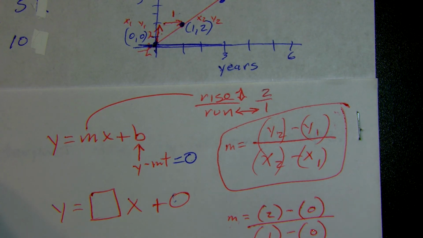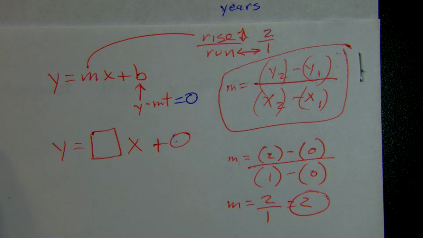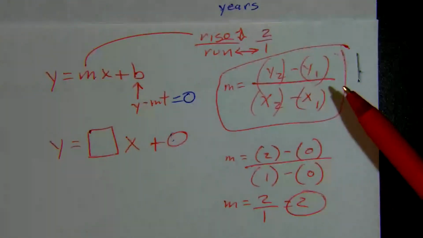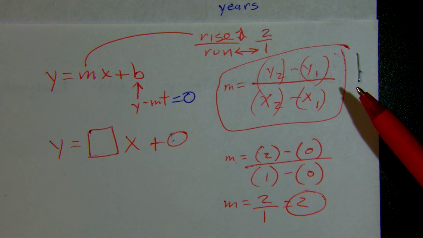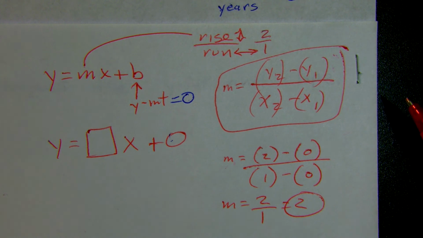And you would get the slope is 2 over 1, 2. Okay. So don't worry too much about doing this. Honestly, if you use graph paper and you graph it as well as you can, you'll be able to pick out points that are on the line.